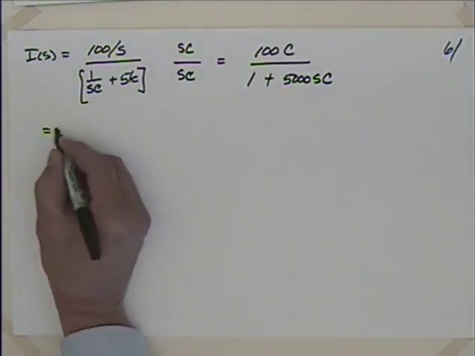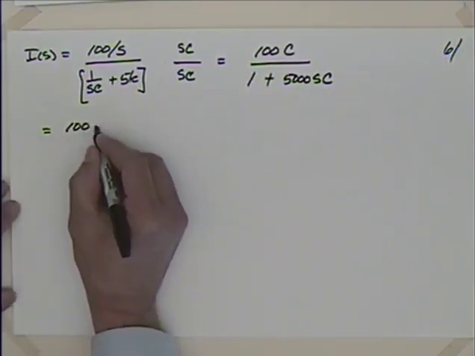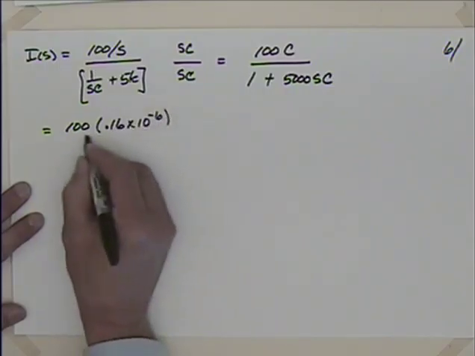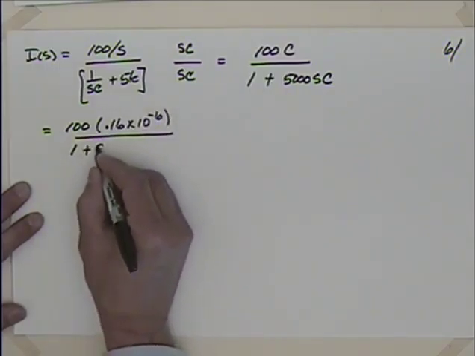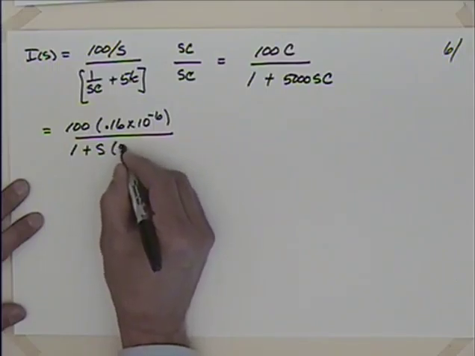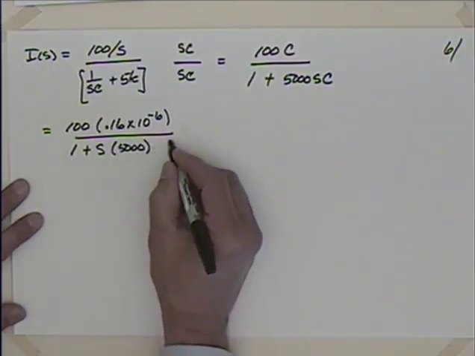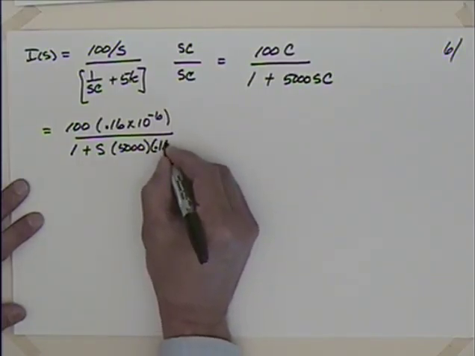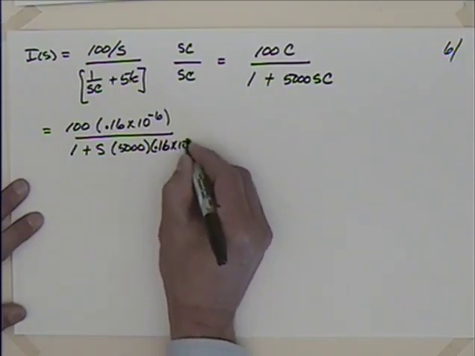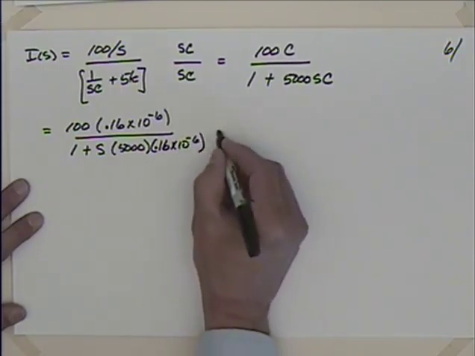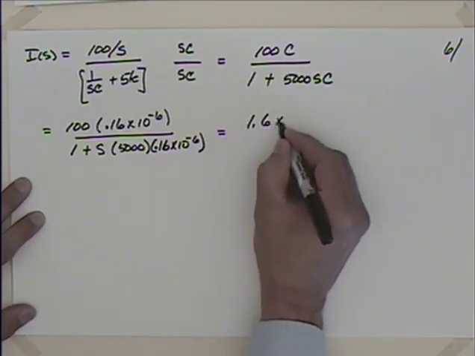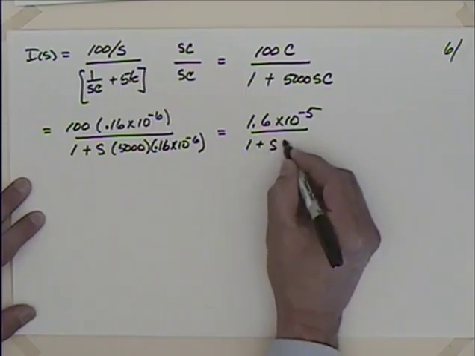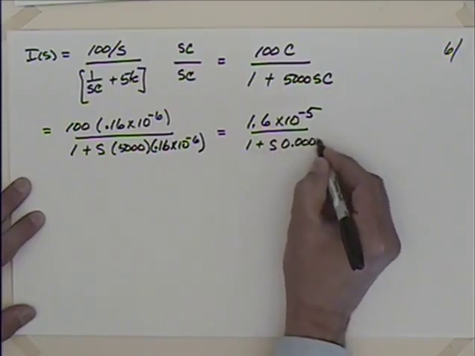I could say that this is equal to 100 times 0.16 times 10 to the minus 6, that was the value of the capacitor, divided by 1 plus S times 5,000 times C, which gives me 1.6 times 10 to the minus 5 divided by 1 plus S times 0.0008.